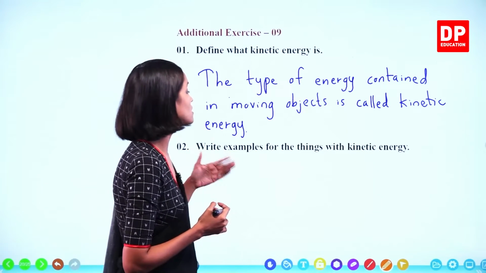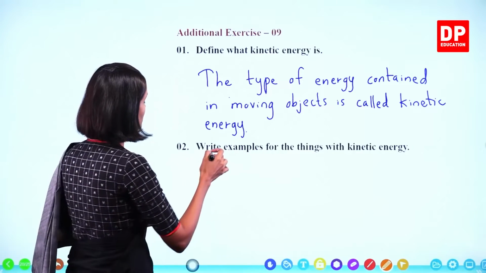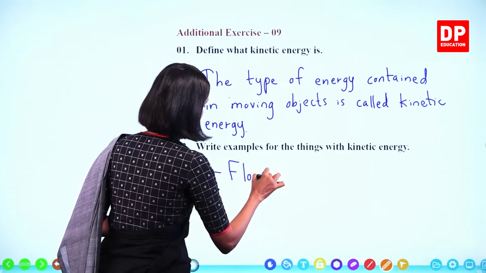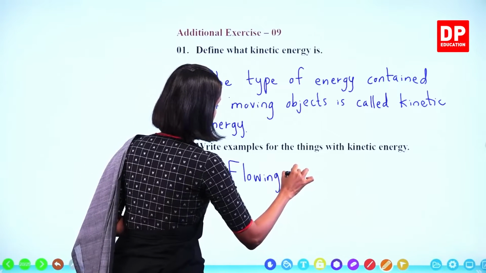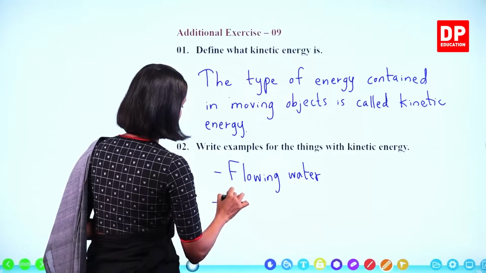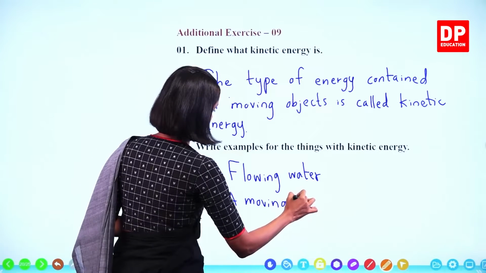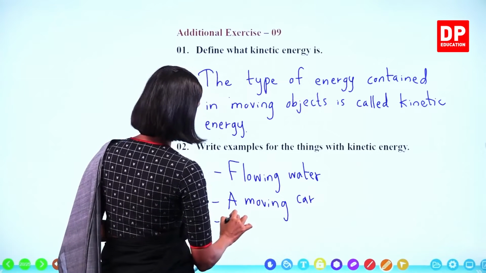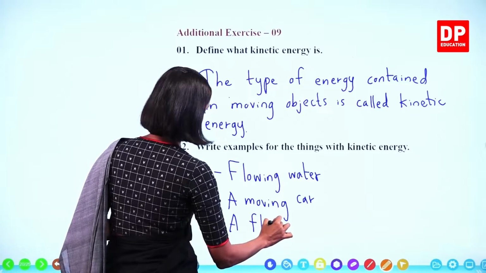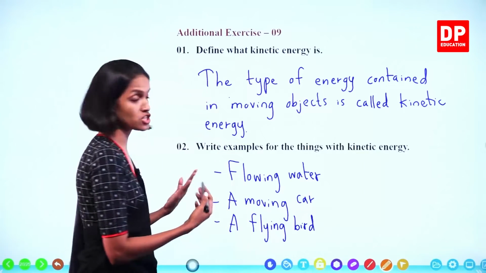Write examples for the things with kinetic energy. Many examples we know now, right? We can write flowing water, moving vehicle or moving car, a flying bird, a running child.